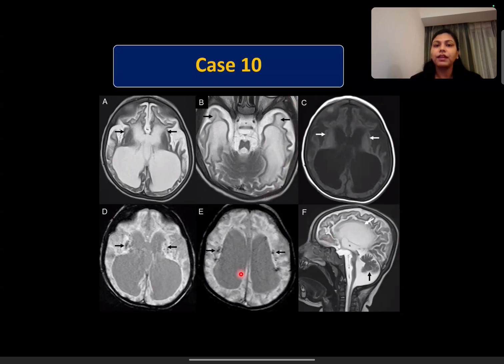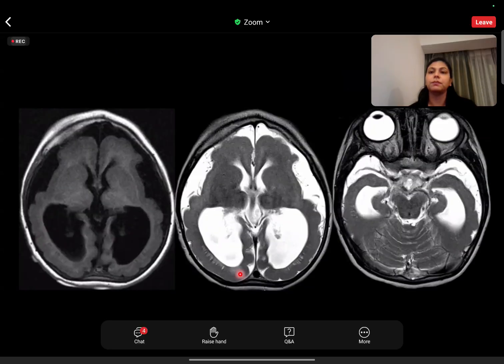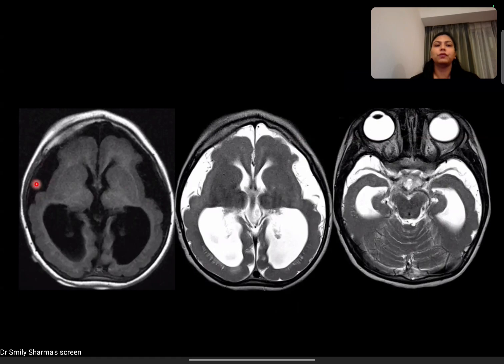So one of the other DDs which we discussed in the last lecture was, here we are not showing the calcifications, but in this also calcifications can be present, and we see widening of the extra-axial spaces, and apart from that cortical malformation. So what do you think is the diagnosis in this case?